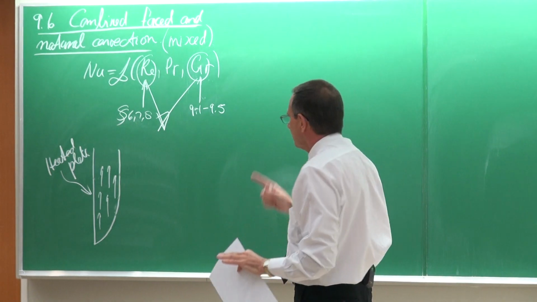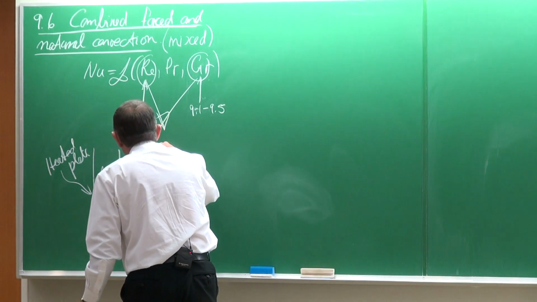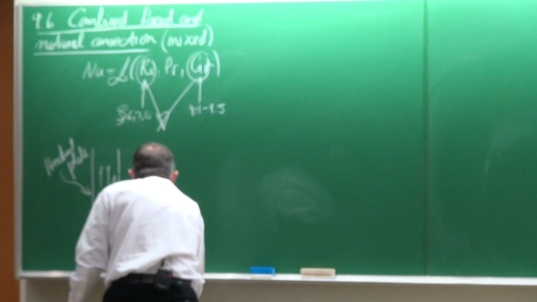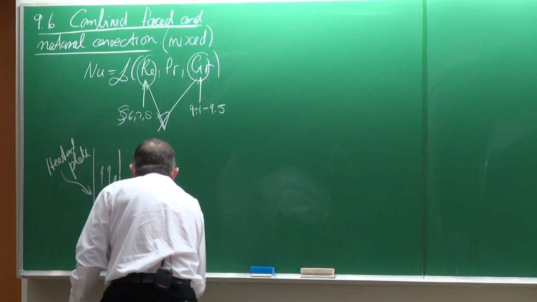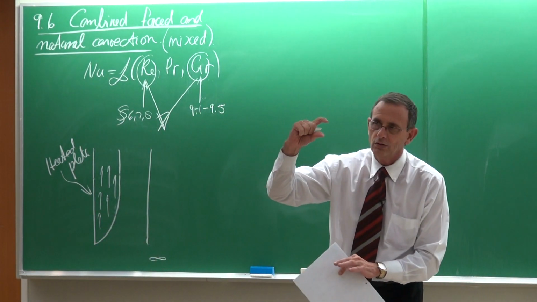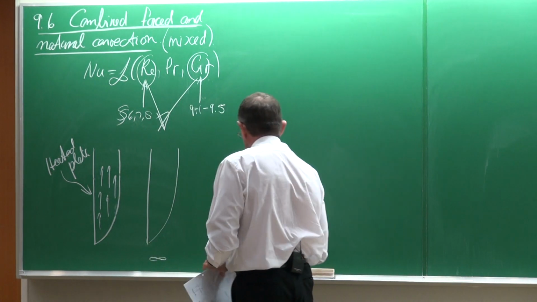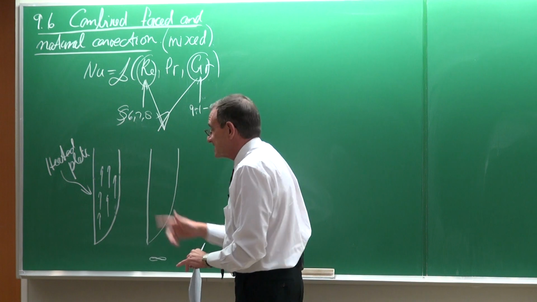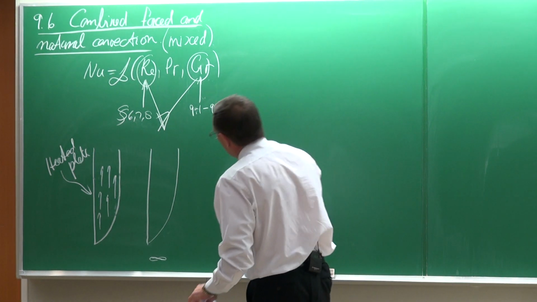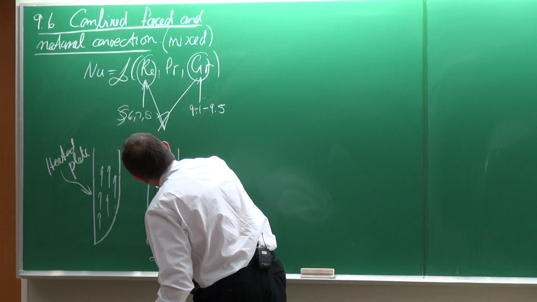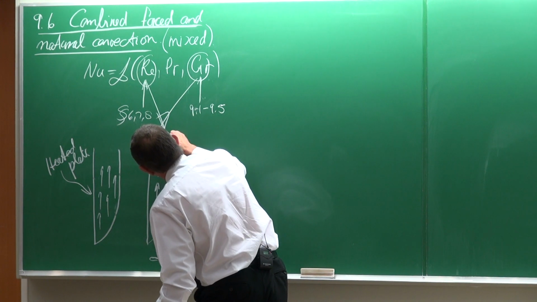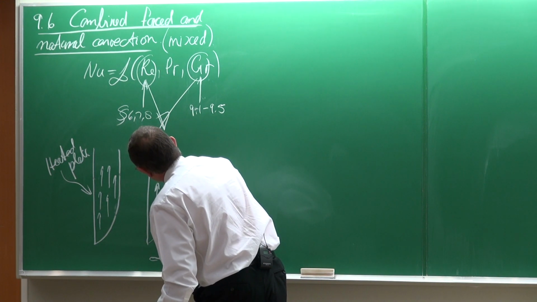Now, with that same plate, I'm putting a small fan there. And you see it's small. If we now look at this same situation with the same heated plate, I'm going to draw my velocity vectors a little bit larger. Do you agree?